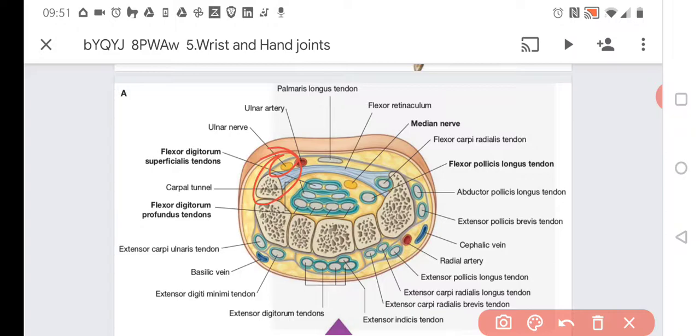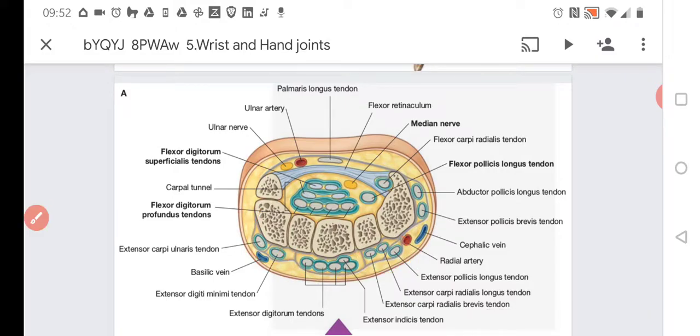What else? On the extensor side, we obviously have the extensor tendons. So it's on the opposite side, and they are not in the carpal tunnel, obviously. However, as you can see, they have some septa and some fascias around them and so on.